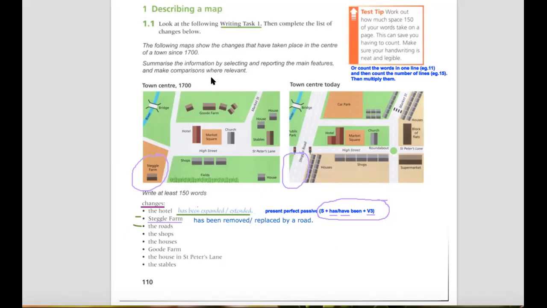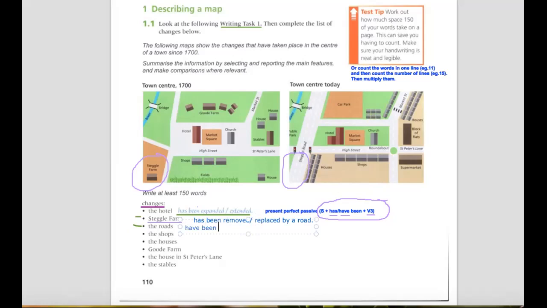What about the roads? So we can see there's been some changes with the roads. So I want you to pause again, use the same structure, and I want you to write about the changes that have happened with the roads. So when you're ready, you can play. Now it's roads, plural, so we use have been.